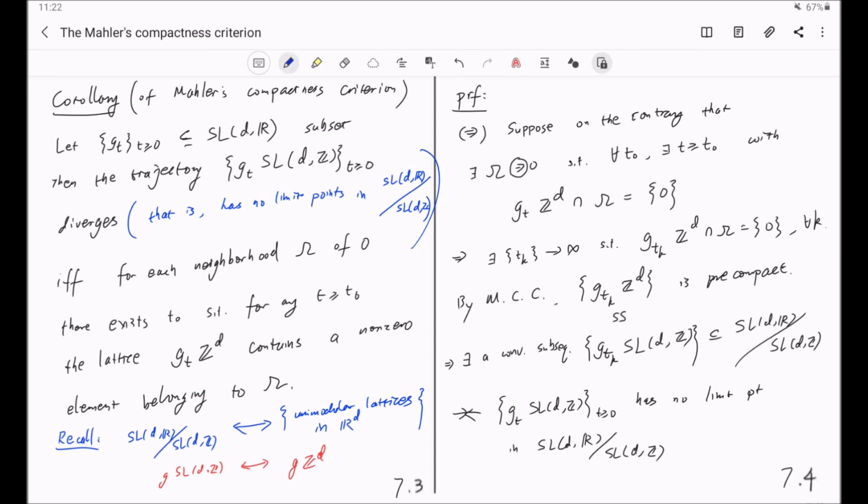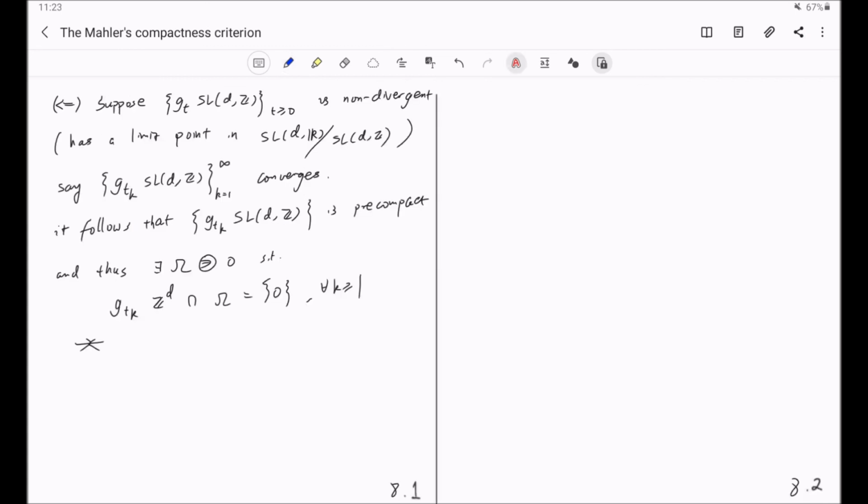Here I should emphasize that by saying has no limit points, I really mean it has no limit points as t goes to infinity, so that you can choose the subsequence so that those subscripts go to infinity as k goes to infinity.